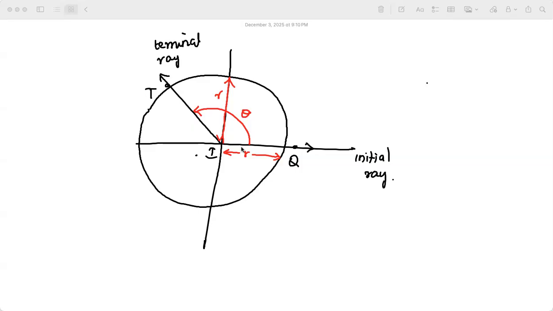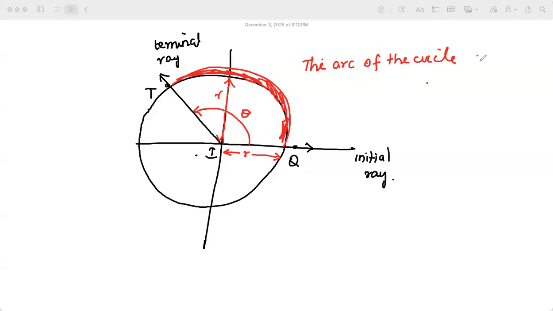Now, the arc of the circle, you have heard of the arc of the circle in geometry. Since you have come to pre-calc, I can say the arc of the circle is subtended by the angle. Which arc? This arc of the circle. It's a minor arc, less than 180 degrees.